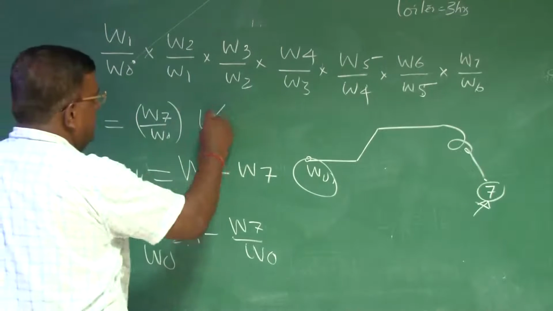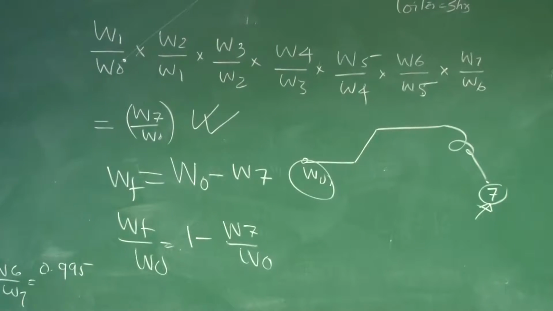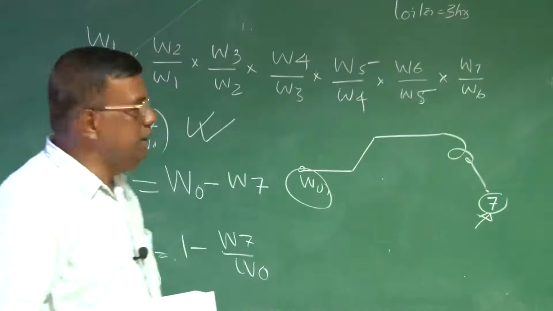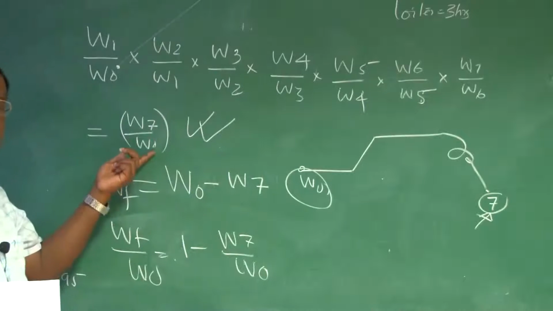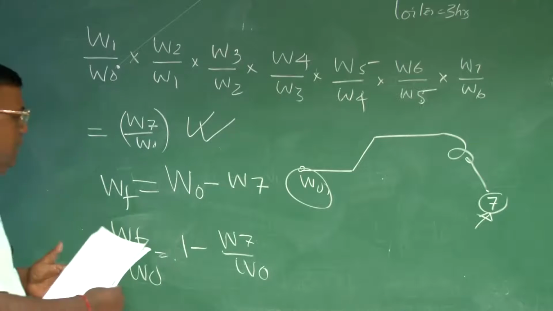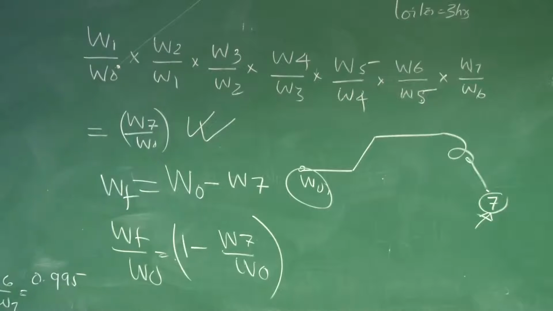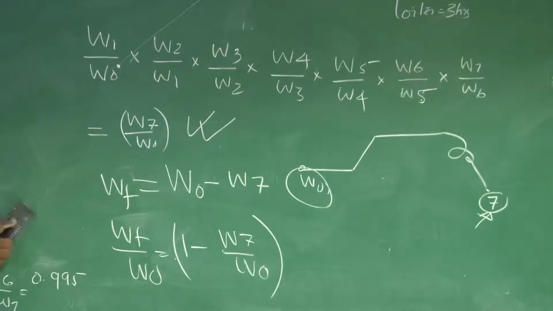Now see here. If I multiply all the fuel fractions at different stages, I actually get W7 by W0. I have to simply subtract that value from 1, I will get fuel fraction, WF by W0. So this is such a smart way of getting initial numbers.